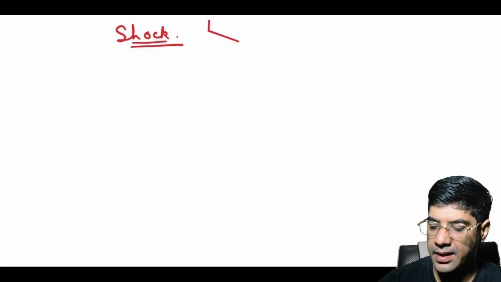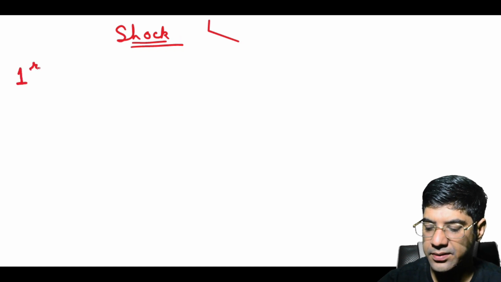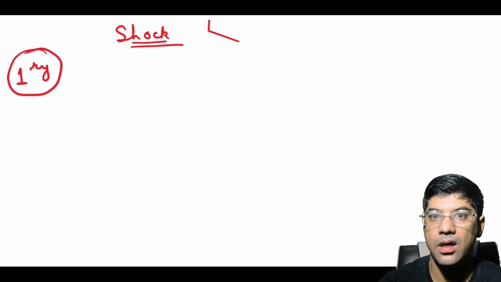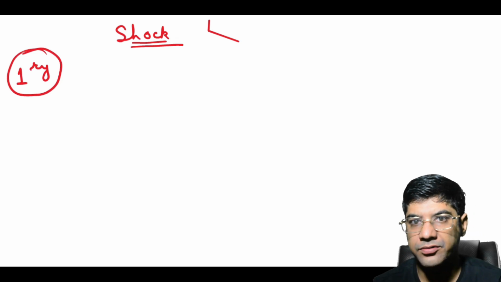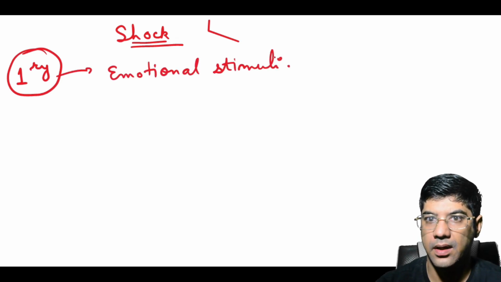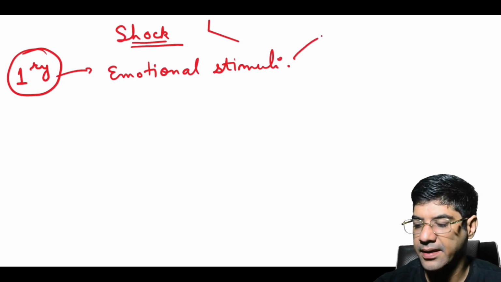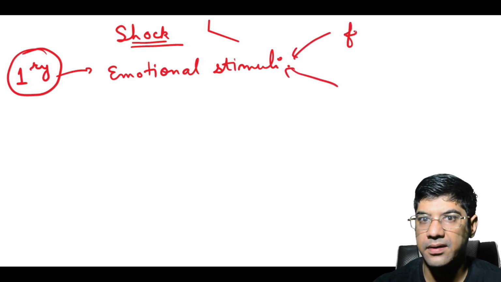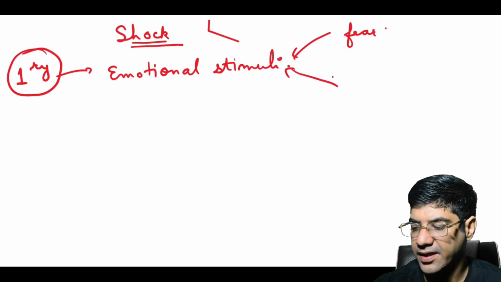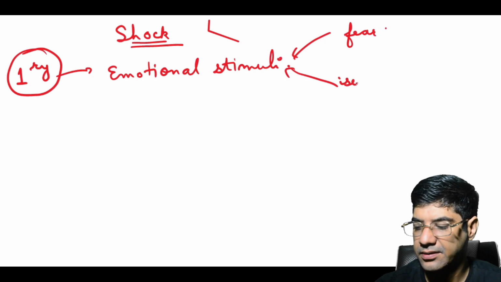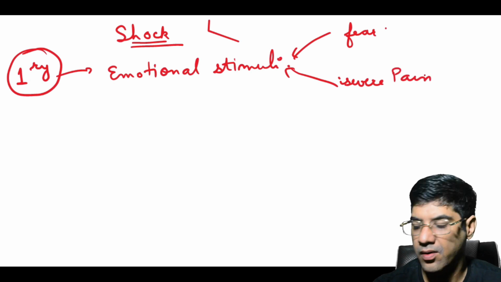Now, shock can be primary shock. The primary shock is caused by sudden emotion or pain leading to blood vessel dilation. It can be triggered by factors like fear, severe pain, or sight of blood.